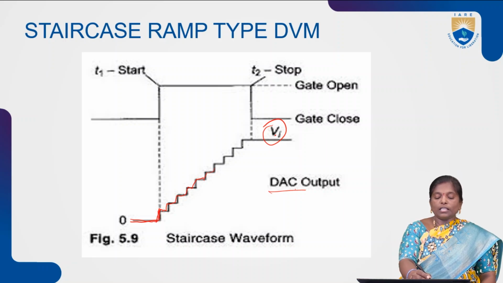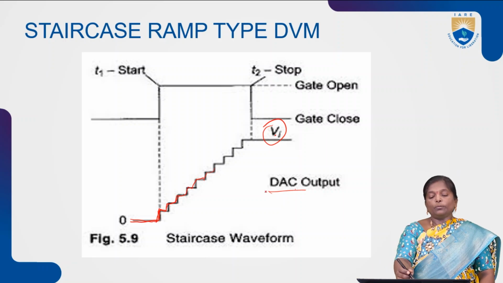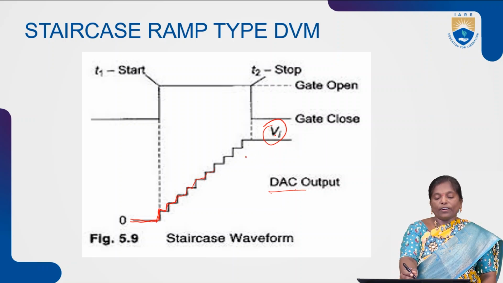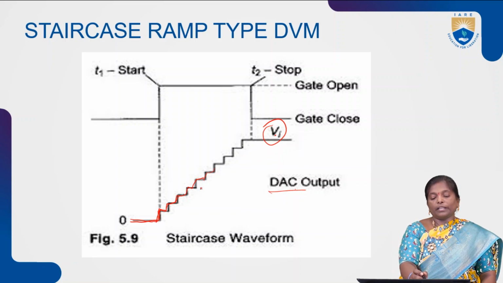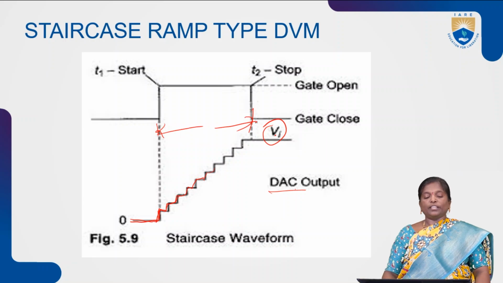So we keep increasing the output coming from the DAC by one step until the input voltage is equal to the voltage coming from the DAC. The time required for the output voltage across the comparator to equal the input voltage will be measured and displayed on the display unit.